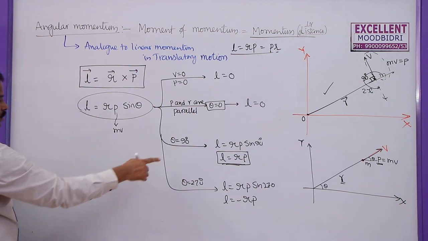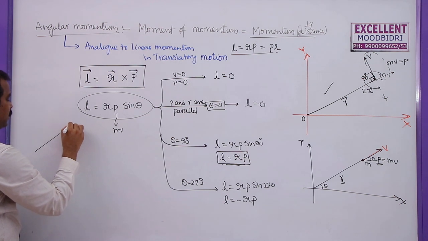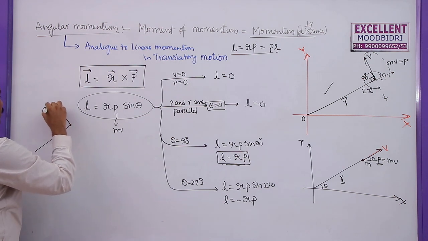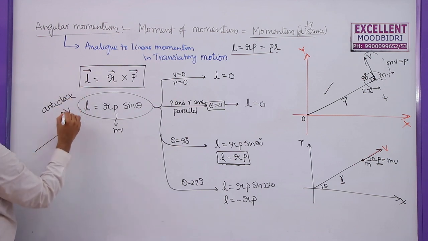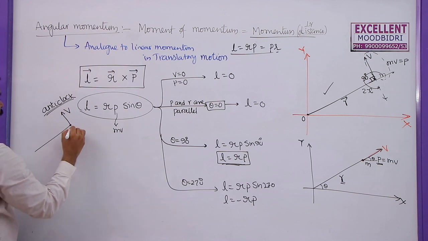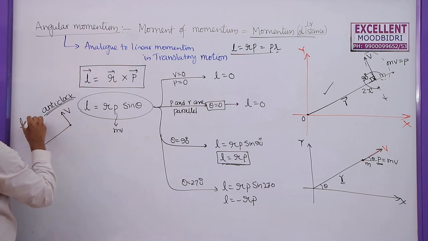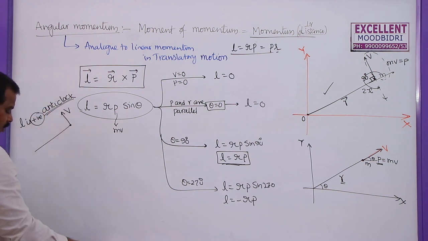When will the angular momentum be positive and when negative? In general, if these angles are not mentioned, whenever a particle is moving in the anti-clockwise direction, that means the velocity is anti-clockwise, you consider the angular momentum as positive. So L is positive if the particle is moving in the anti-clockwise direction.